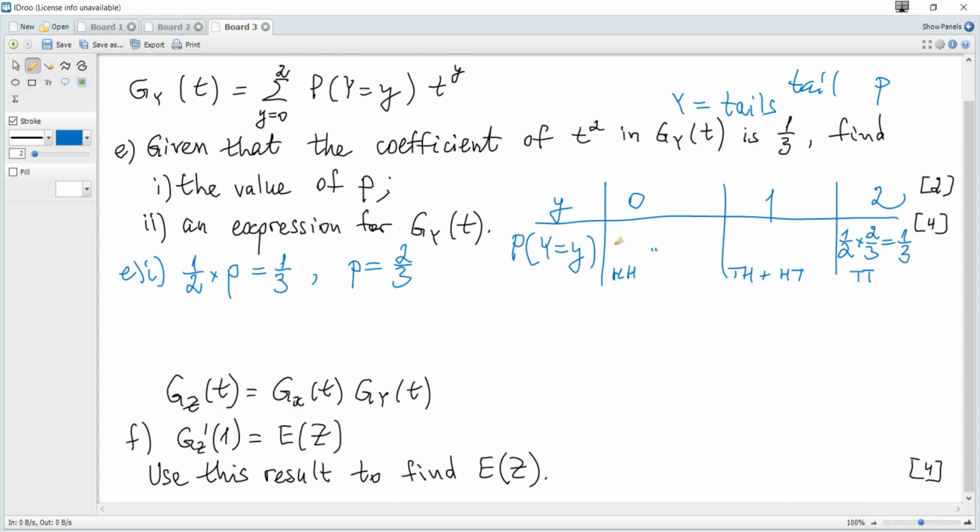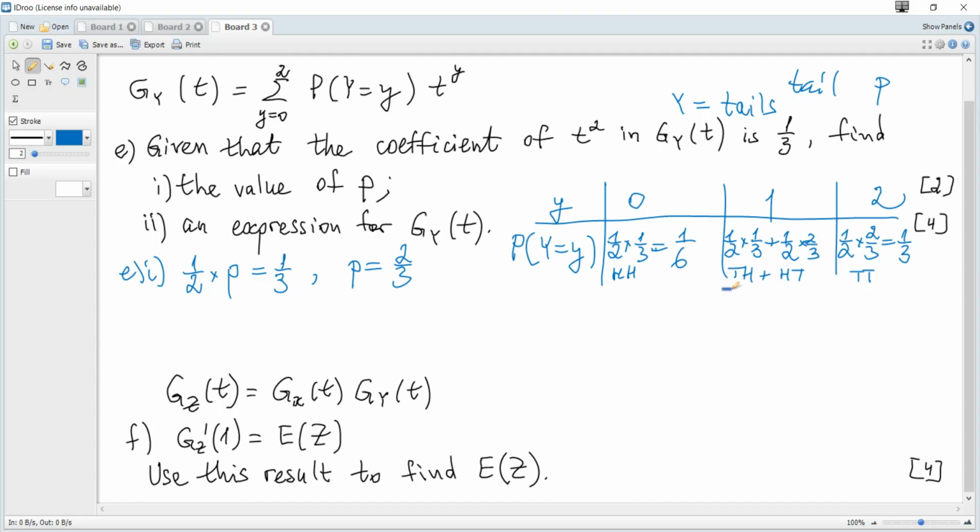Probability to get head and head: for the first it's unbiased, so it's a half times head, for the second it's 1/3, so it's 1/6. Tail and head: it's a half times 1/3 plus a half times 2/3.